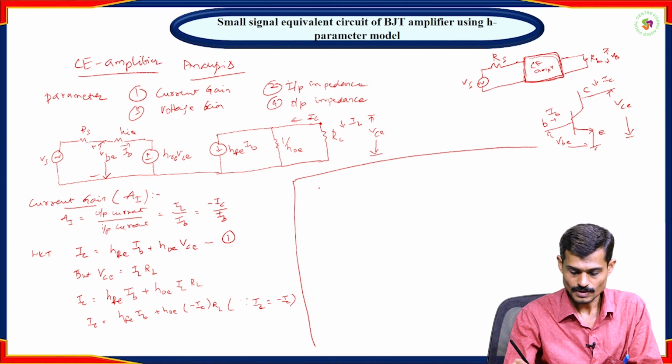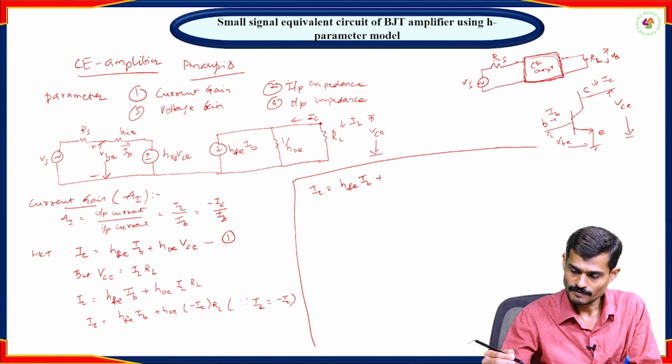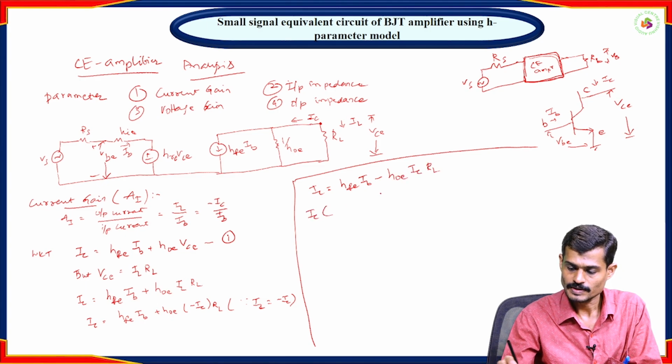Okay, now what happens to that one? IC is equal to HFE into IB minus HOE into IC into RL. If I bring this IC to this side, it will be IC into 1 plus HOE into RL equals HFE into IB.